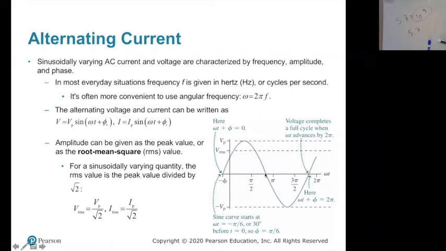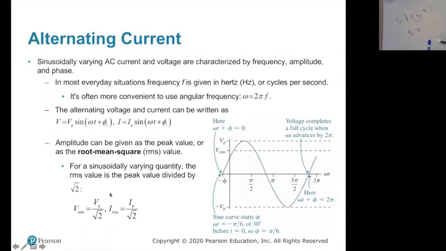Or you could make everything positive, take the absolute value of this, and then take the average of that, and you would get half the peak here. So that would be what we call the absolute value of the average, which is half of the peak.